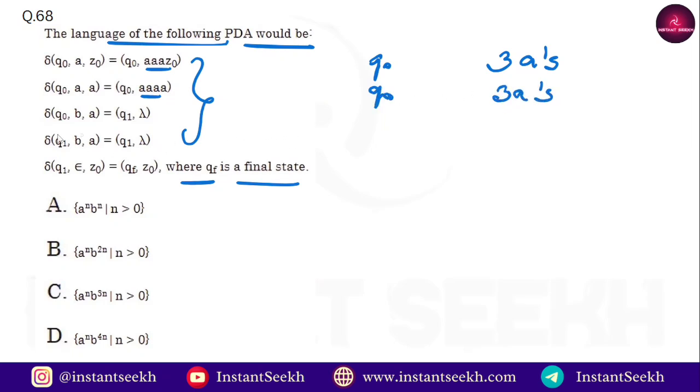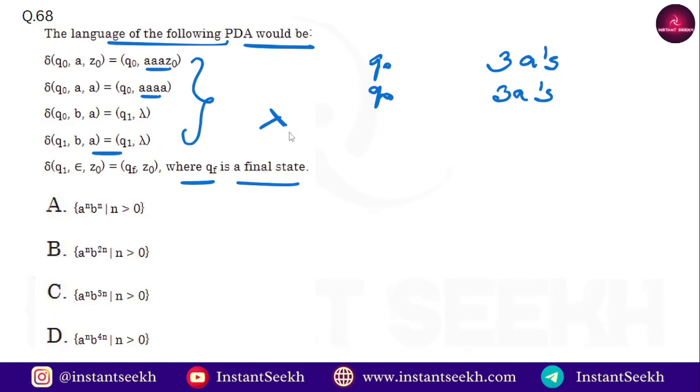Next, in QB, upon seeing a B with A on the stack, it removes A from the stack using lambda. Next, upon seeing a B with A on the stack, it continues to remove A from the stack.